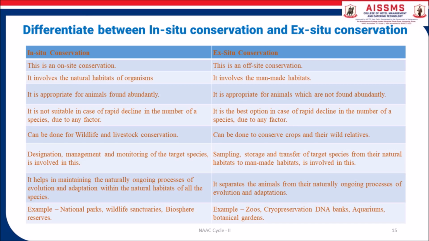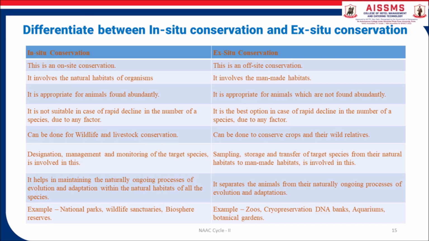In situ is not suitable in case of rapid decline in the number of the species due to any factor, and ex situ is the best option in case of rapid decline in the number of a species due to any factor. In situ can be done for wildlife and livestock conservation, and ex situ conservation can be done to conserve crops and their wild relatives.